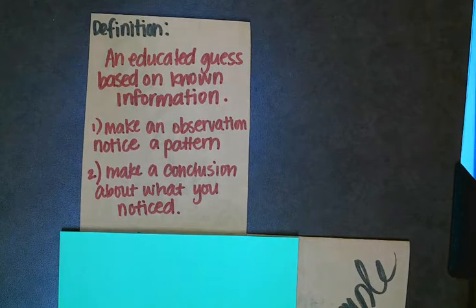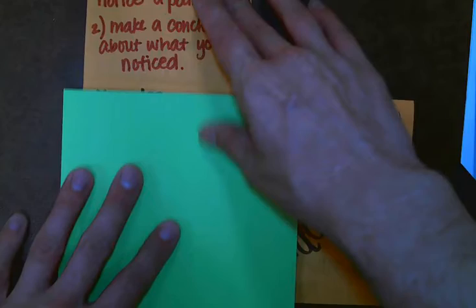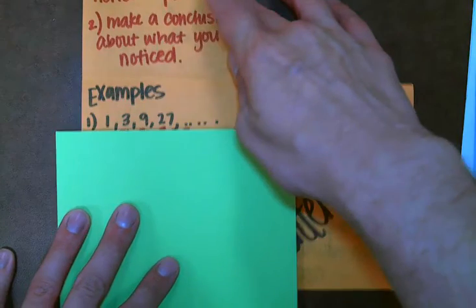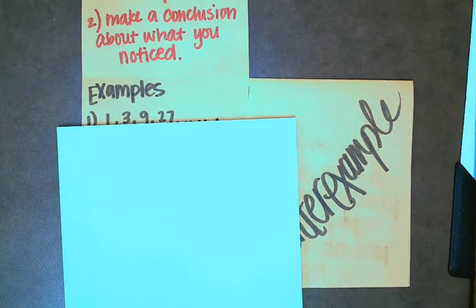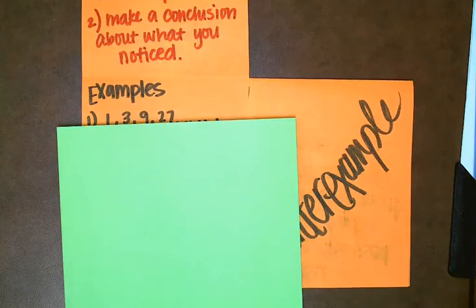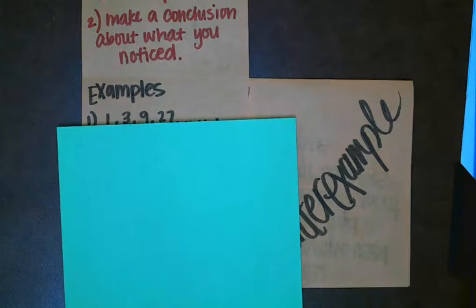So, for example, let's look at this one. We have this number sequence, 1, 3, 9, 27. Try to find a pattern in there and guess what the next number will be. I'll give you guys about a minute to do that.